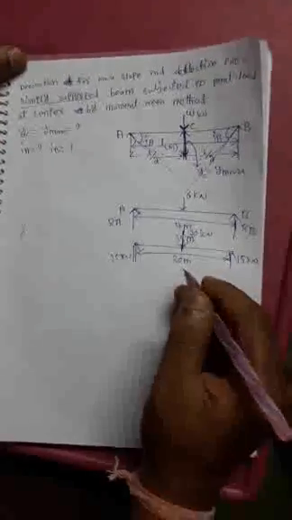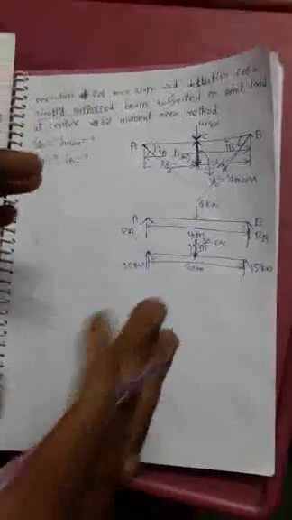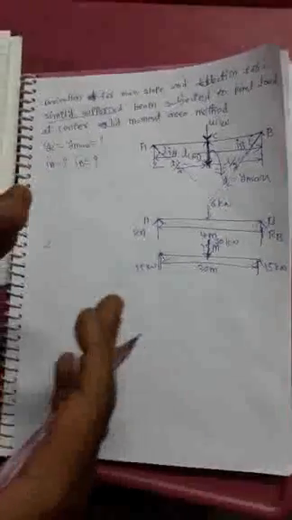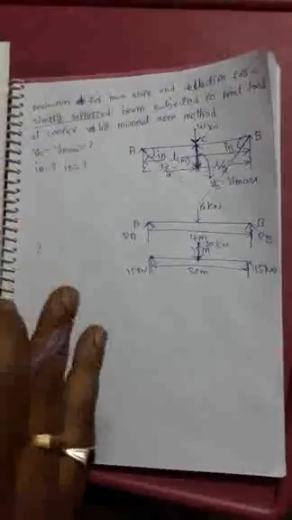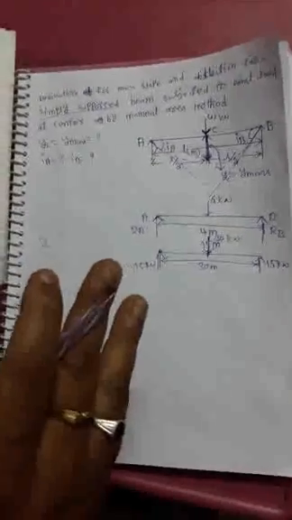Why? Because the load is at the center. So these beams are called symmetrically loaded beams. A symmetrically loaded beam is nothing but the load divided equally by the two supports.